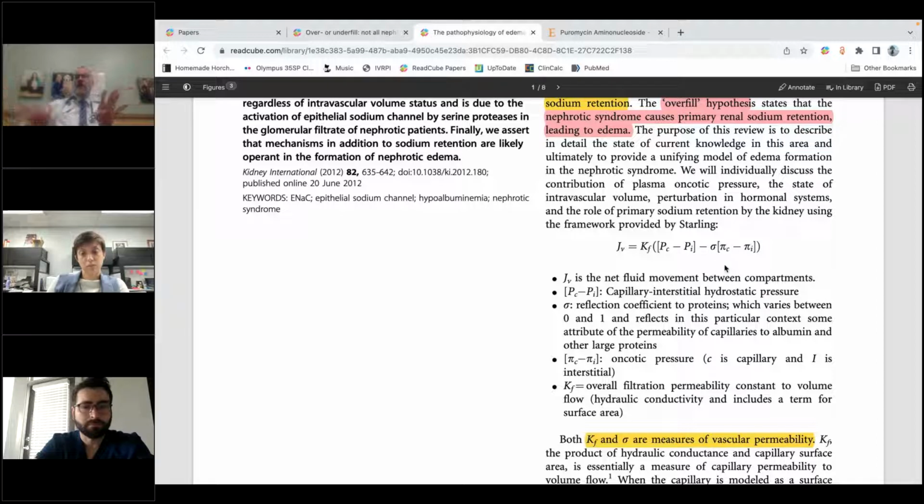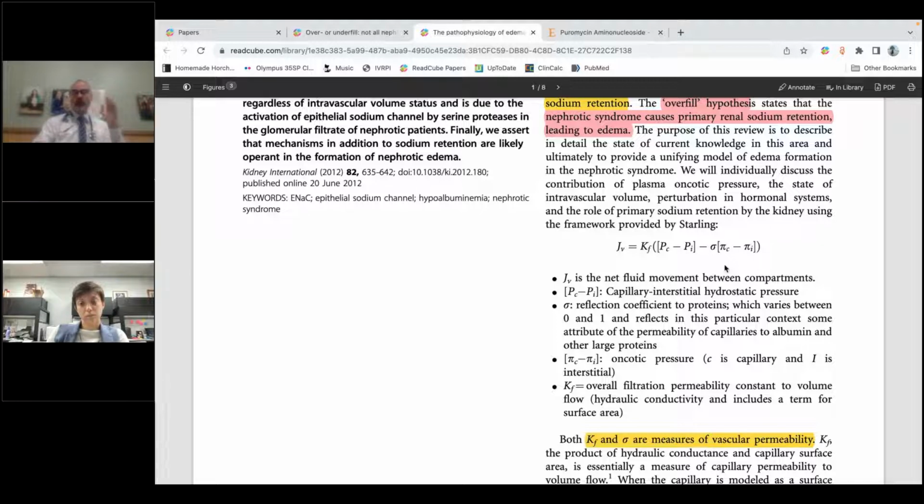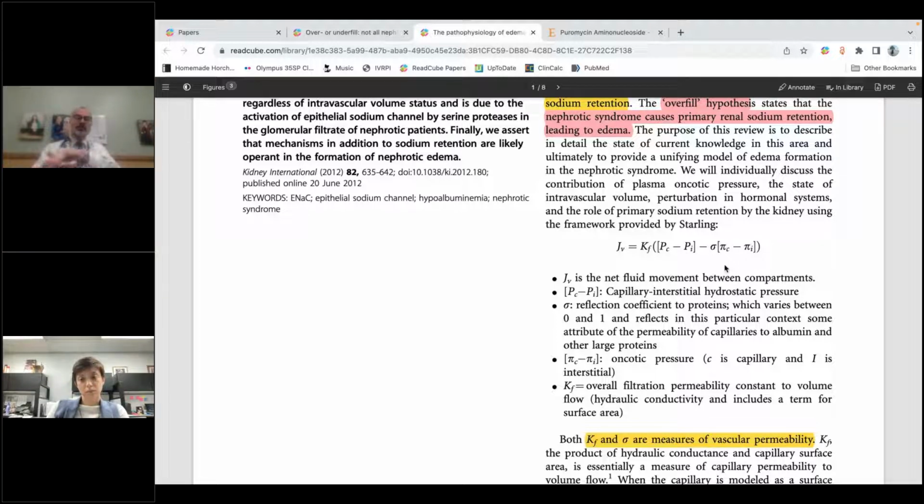If you have a membrane with lots of exposed negatively charged molecules, that's going to repel negatively charged molecules like proteins, causing them to bounce off. Whereas if more of those negatively charged molecules are covered, then it's easier for those proteins to sneak through. So that's rho, the reflection coefficient.